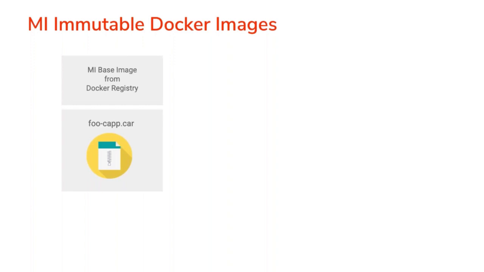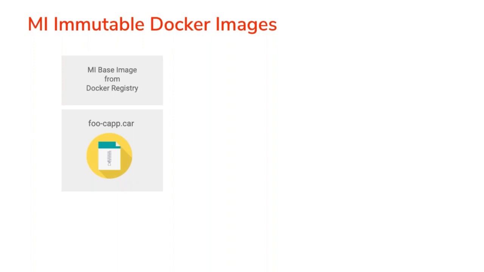So with that, we have introduced a new concept in this release. We call it the micro integrator immutable Docker images. How this works is, normally an integration developer uses the Integration Studio to develop the integration solutions, and normally at the end of the development life cycle, we will end up with a carbon application.